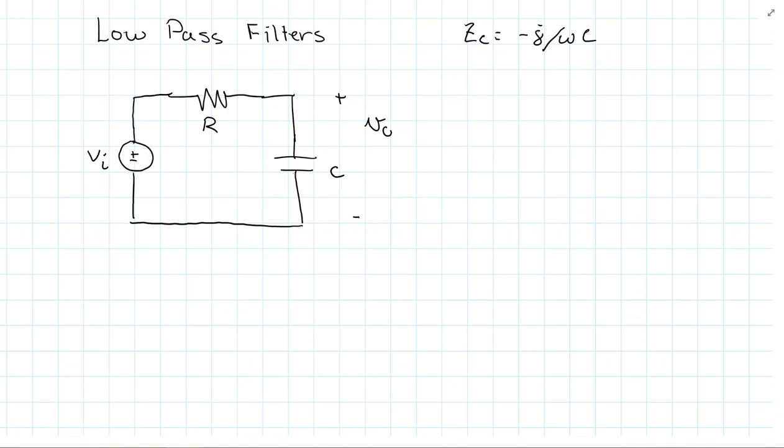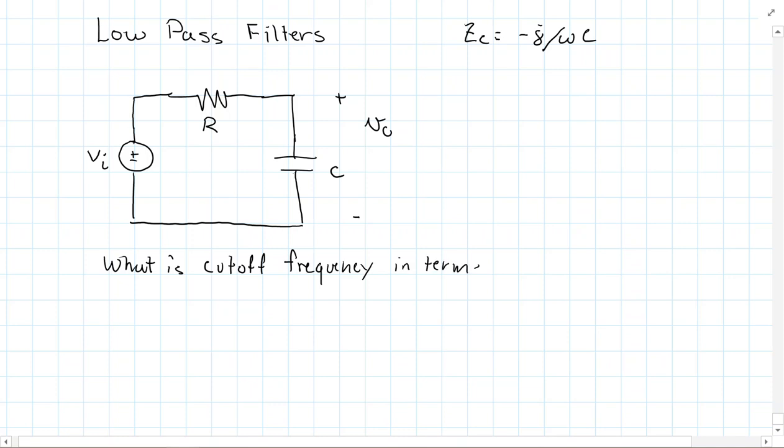So since we want to know what the cutoff frequency is in terms of circuit components, that's our ultimate goal for this video, determining how we can find the cutoff frequency based off the circuit components.